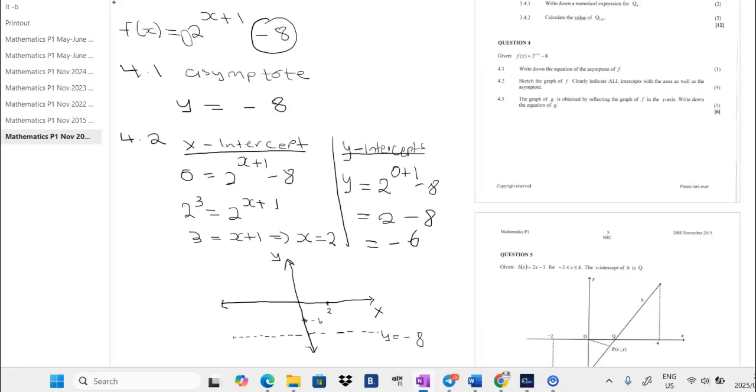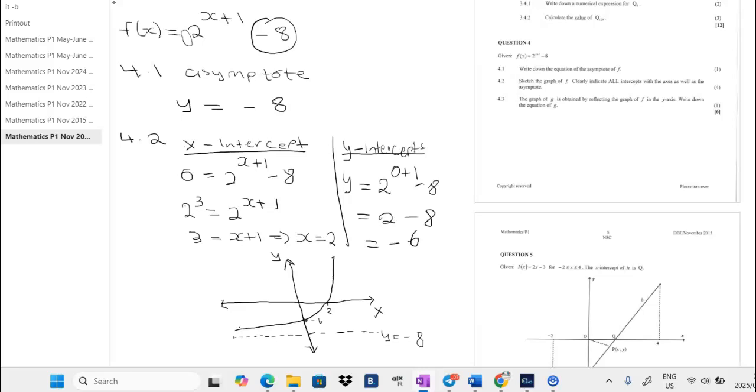So we have -6 and 2, and our graph is increasing. This is how our graph is going to look. So we managed to draw our graph.